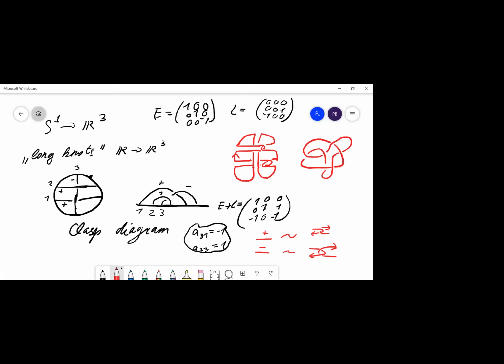Great. And the thing is that it's a knot. It's not a link. Is it always the case? A good thing about clasp diagrams is that we always obtain a knot, rather than a link. Great.